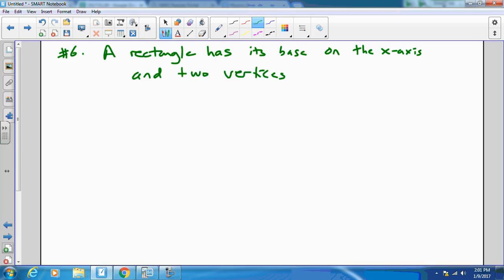And two vertices on the parabola y equals 12 minus x squared.